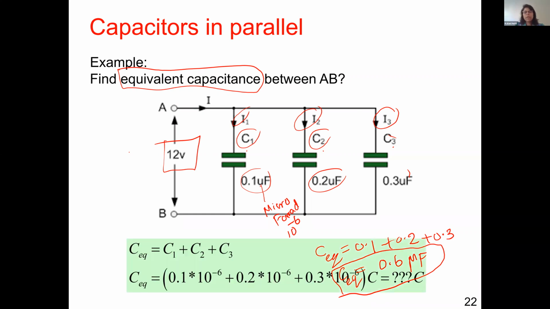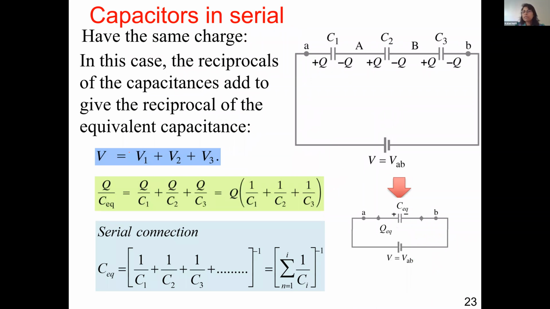Okay. So now they can be connected in series too. Series means you have a single kind of loop. You see that there is only a single loop here. They are connected one by one. We call that the series connection.